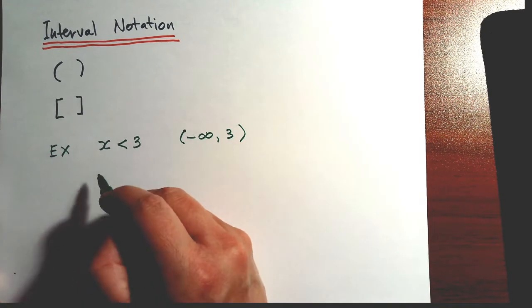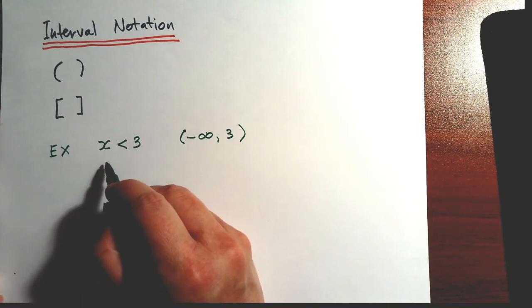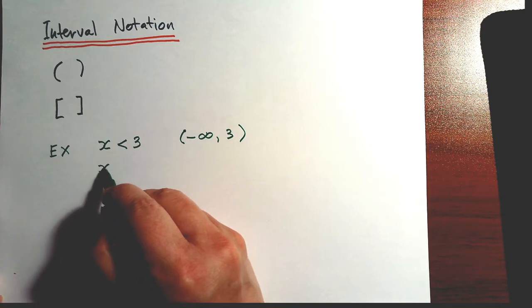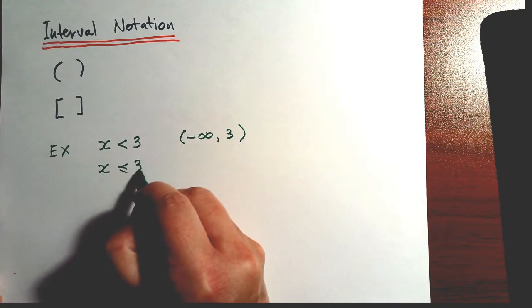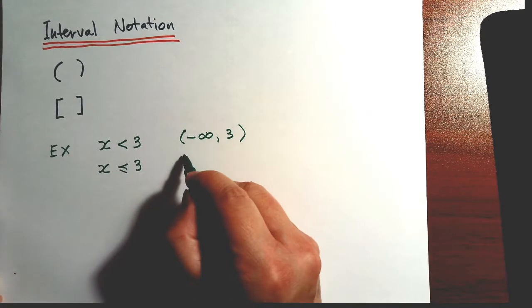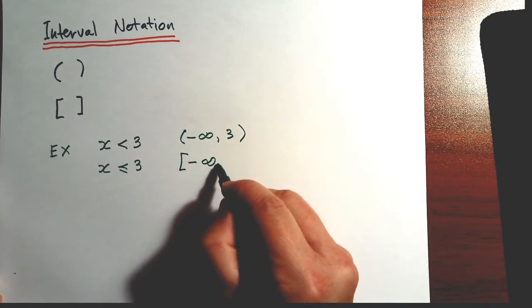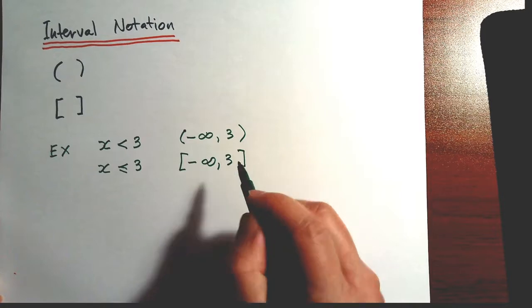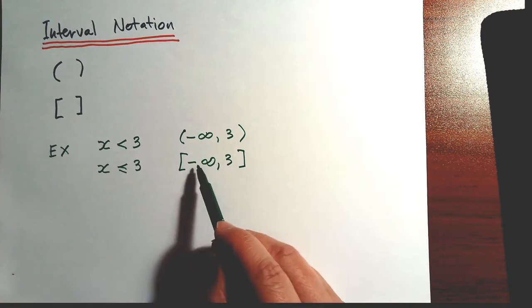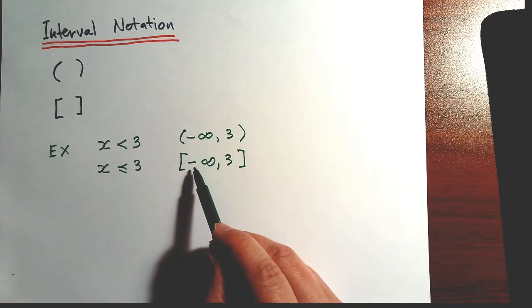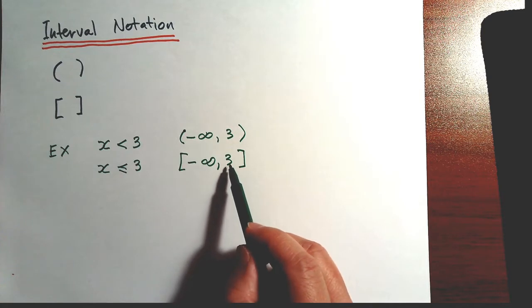Another example would be x less than or equal to 3, in which case we will use square brackets, minus infinity comma 3, which means x is between 3 and minus infinity, and x is included in 3.